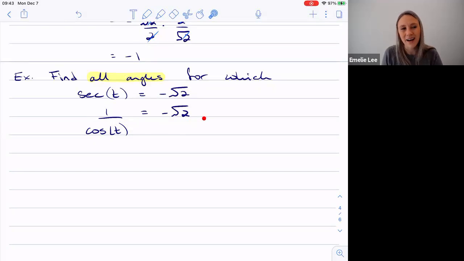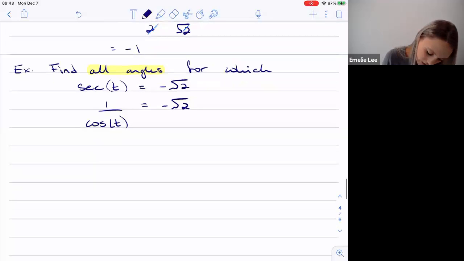And then I can divide both sides by negative root 2. I'm going to do it in 2 steps. You're welcome to do it in 1 step, but just make sure you keep everything nice and clean. So 1 equals negative root 2 cos t.